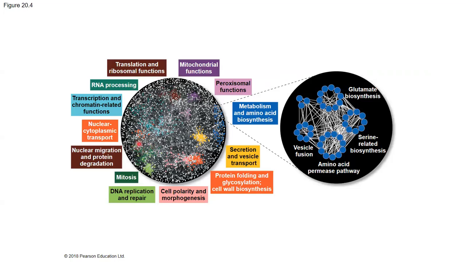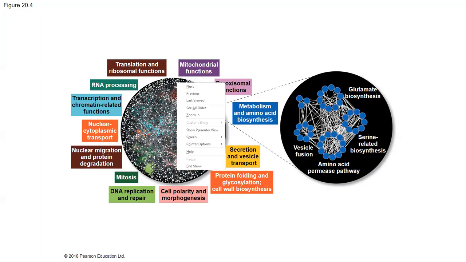So here, as you can see, this is the map. This is the functional map we are talking about. And in this map, as you can see, each dot represents a gene, and each line represents an interaction between these genes.